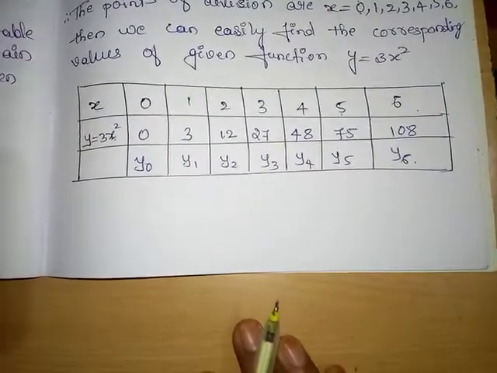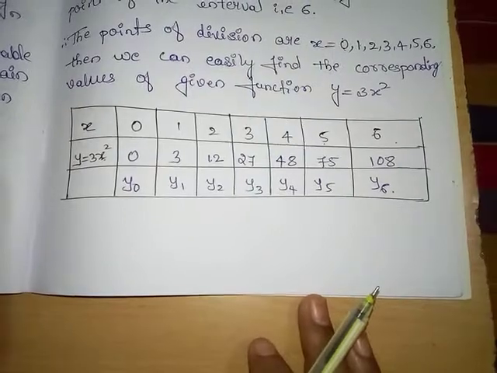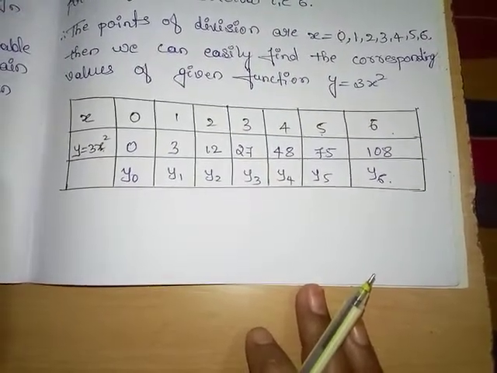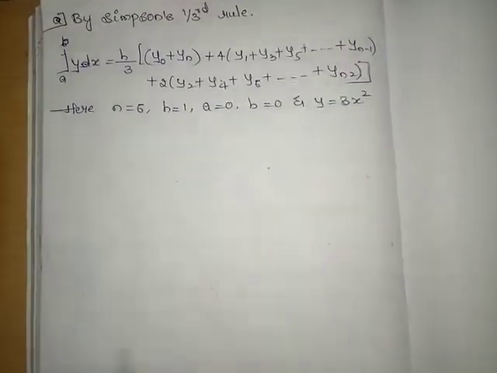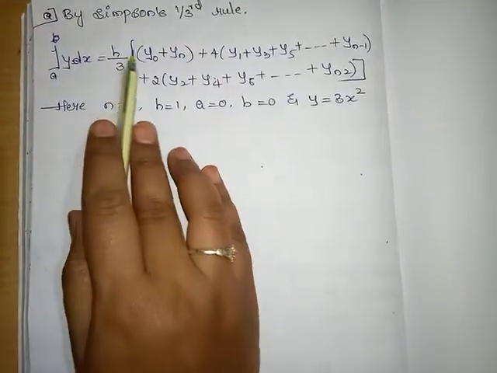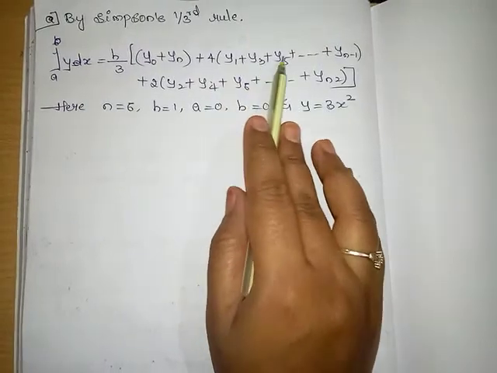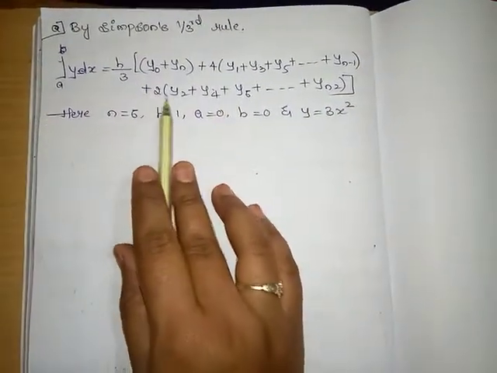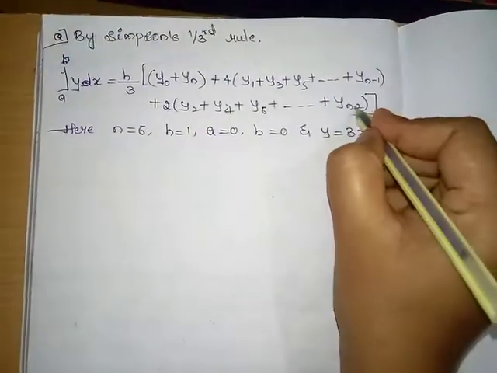Okay. Next we have to apply the rules here. First rule is Simpson's 1/3 rule. By Simpson's 1/3 rule, formula is integration from a to b y dx is equal to h by 3 into y0 plus yn plus 4 into y1 plus y3 plus y5 plus so on into yn minus 1 and plus 2 into y2 plus y4 plus y6 plus so on to plus yn minus 2.